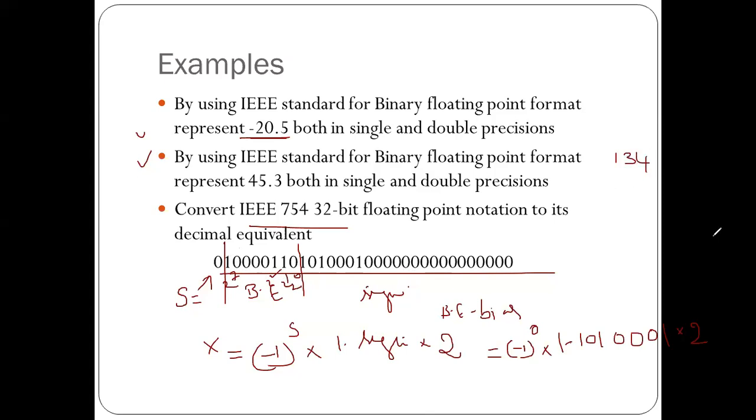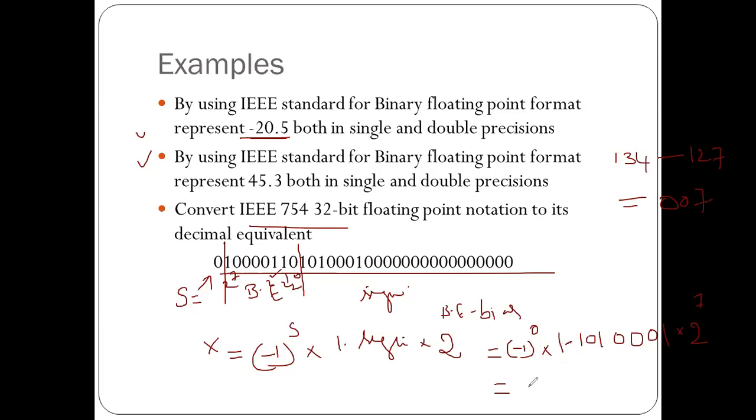You have to subtract the bias value, which is 127. So I'll be getting the result as 7. So 2 power 7, positive 7, right?